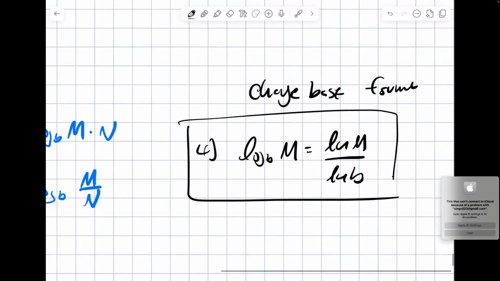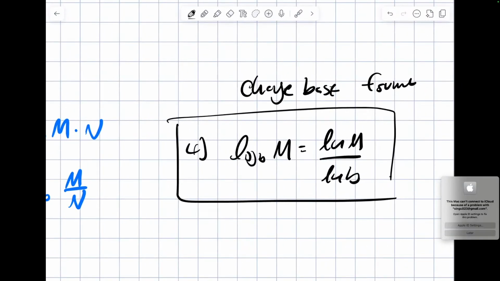Okay, I definitely need to copy this down. So that's one of the changing base formulas. You can replace that with the ln or log, it doesn't matter, but I prefer to use ln because ln is easier to write.